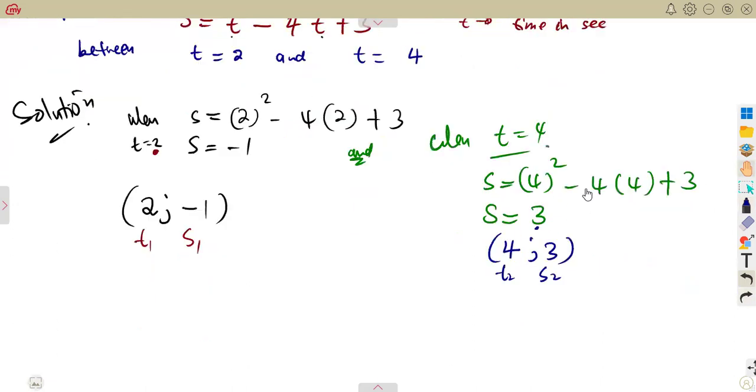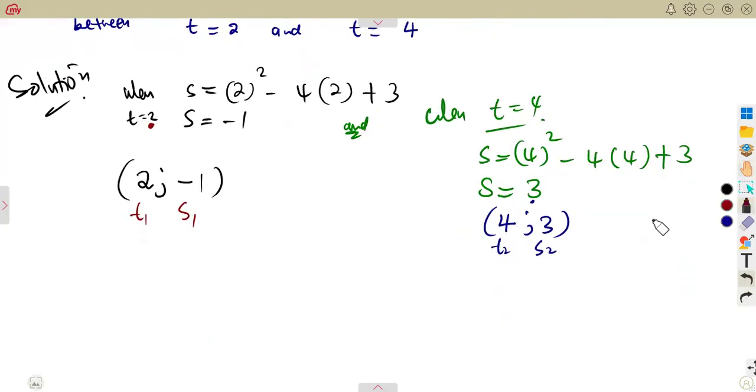So we can determine the average gradient, which is our average speed, from the points now, using the gradient concept: the change in displacement over the change in time.